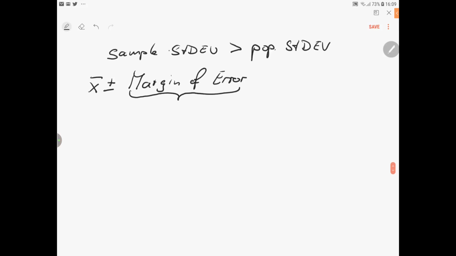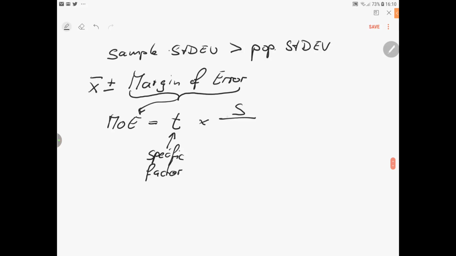Well, what we need to do is, so MOE, that's our margin of error, equals T, and that is a factor I will discuss in another lecture. So that's a specific factor times the standard deviation that we just calculated divided by the square root of n.